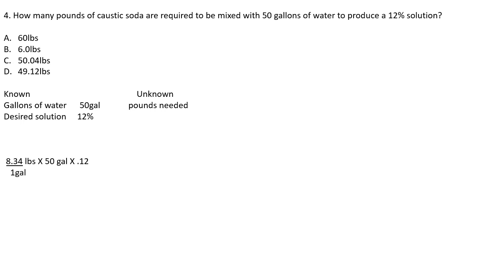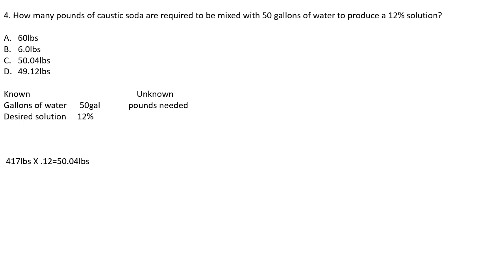So remember, it's 8.34 pounds per gallon times 50 gallons of water. So your gallons are going to cancel out and leave you with pounds. And then we're going to multiply that by the 12%, so by 0.12. So the 50 gallons times 8.34 pounds per gallon left you with 417 pounds. Now we multiply that by the 12% as a decimal, 0.12.